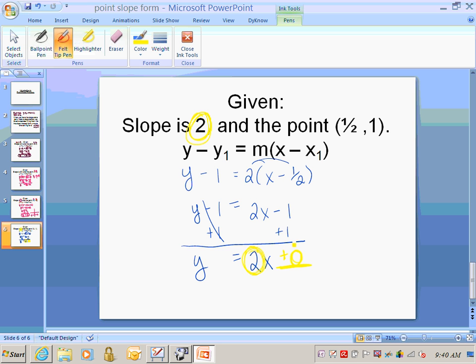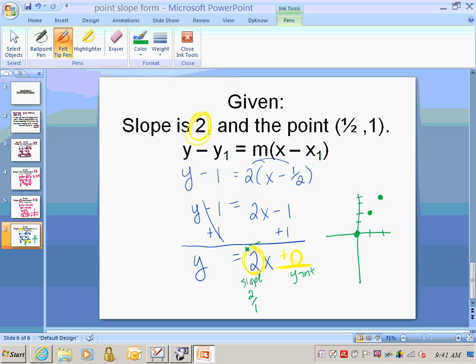So my starting point on my graph, so if I had a graph, right? My y-intercept, this is my y-intercept. This is my slope. My y-intercept is 0, right? My slope is 2. If I do rise over run, it's 2 over 1. So rise 2, run 1. Rise 2, run 1. You guys remember that?